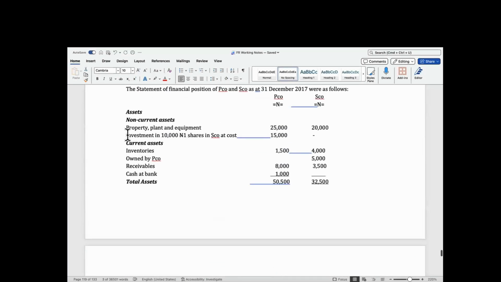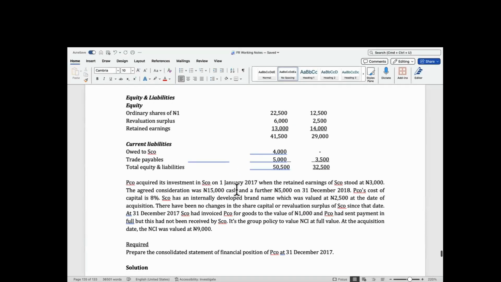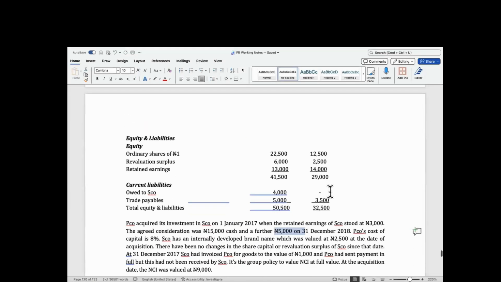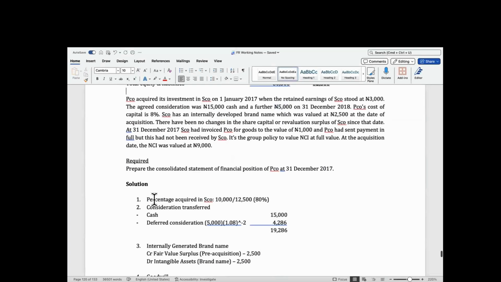investment in subsidiary fully. The cash paid of 15,000 was given, but in addition to this 15,000, he promised to pay an additional 5,000 in 2018, meaning in 2 years' time. He made the promise from the date of acquisition. So I got my percentage acquired, the parent holding in ESCO. He bought 10,000 shares and the subsidiary has 12,500 shares.